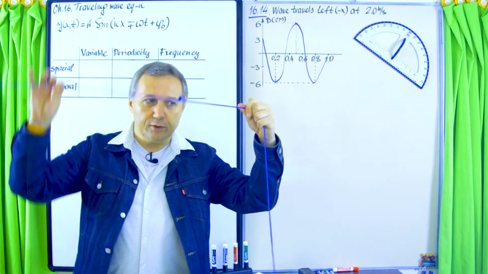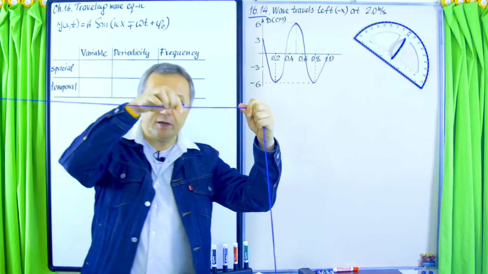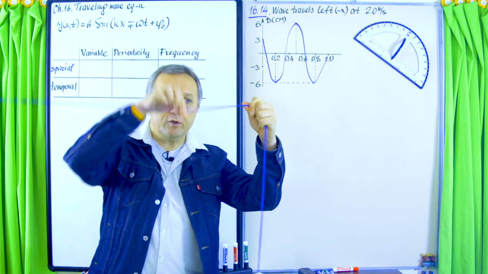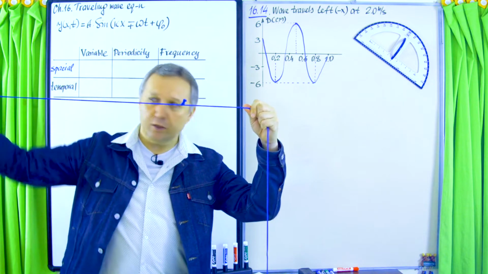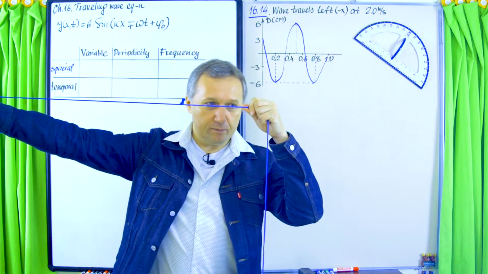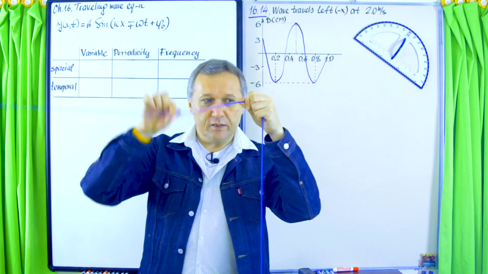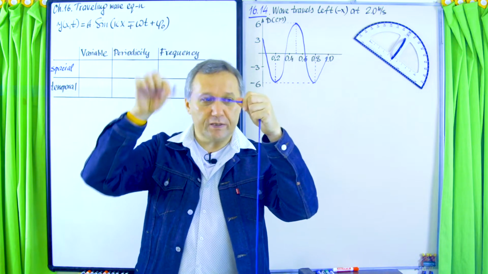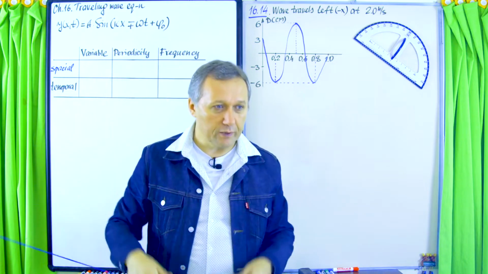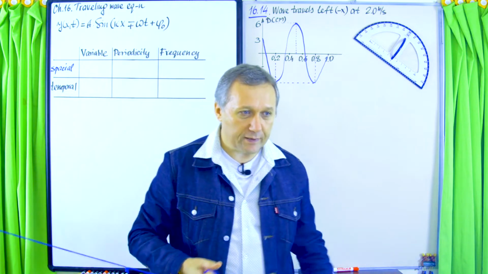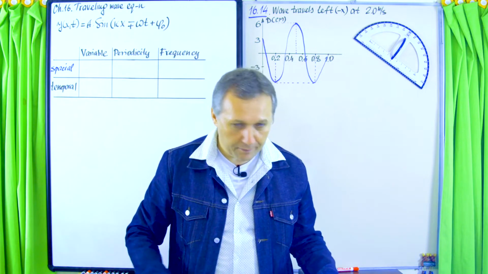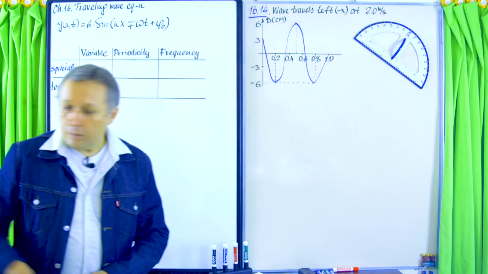This is an example of a transverse wave. Particles move perpendicular to the direction of wave propagation. The wave propagates that way, and particles are displaced in the perpendicular direction. Electromagnetic wave is an example of a transverse wave.